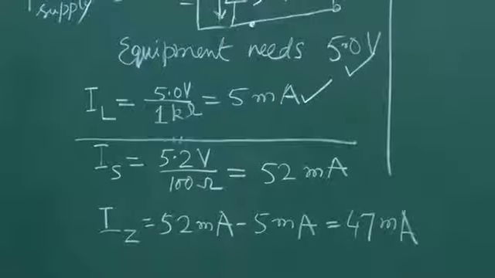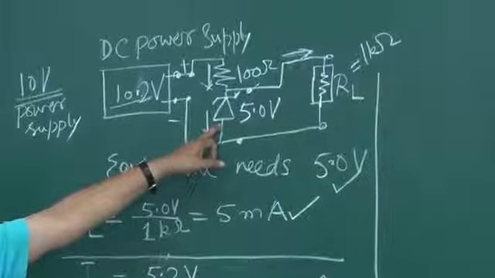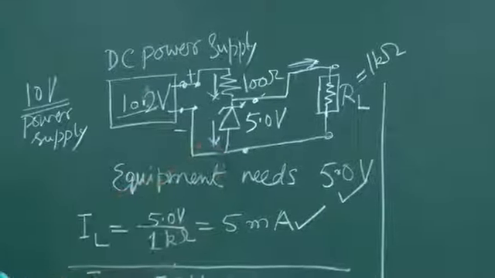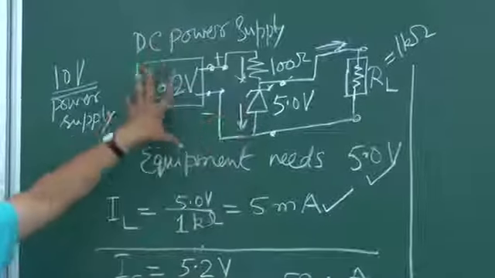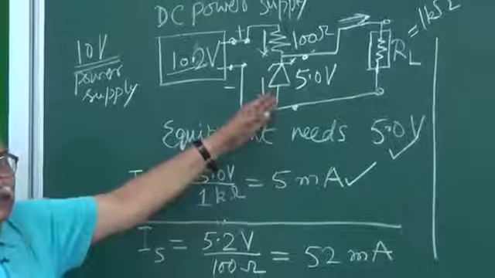So you see the current through the zener has changed. In the previous case, when it was 10.0, we calculated this current as 45 milliampere. Now the voltage has fluctuated and this current has changed, from 45 to 47.